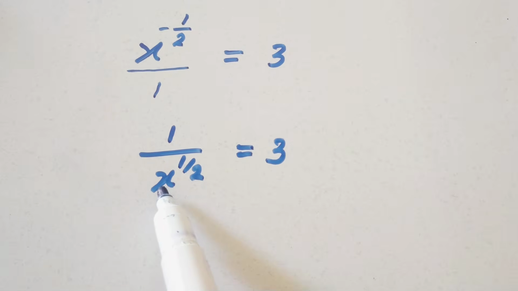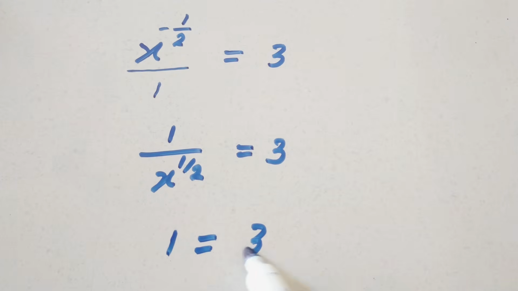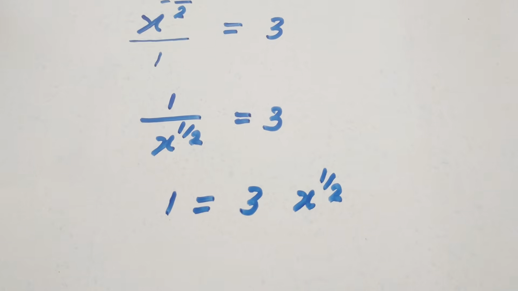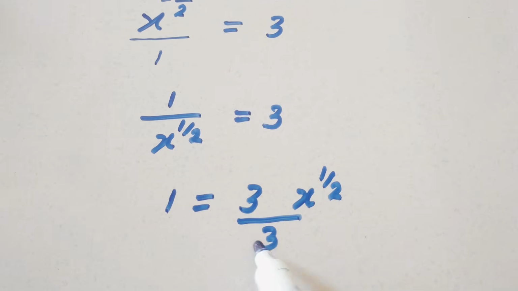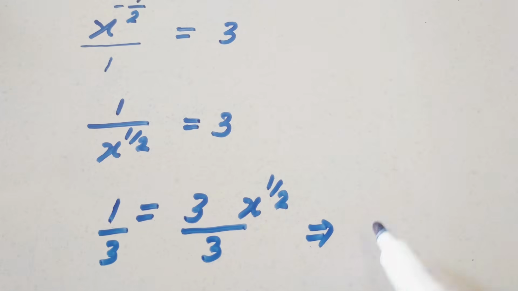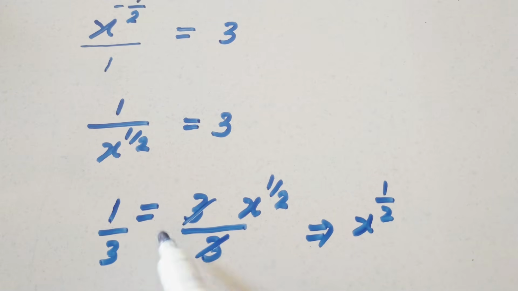So now by doing cross multiplication, we get 1 is equal to 3 into x power 1 by 2, and dividing both sides by 3, this 3 and 3 cancel out each other, we get x power 1 by 2 is equal to 1 by 3.